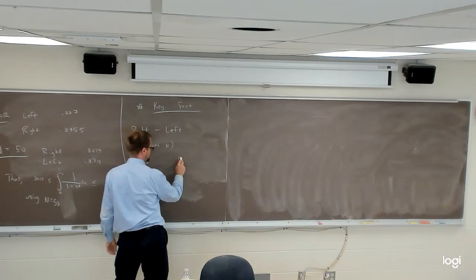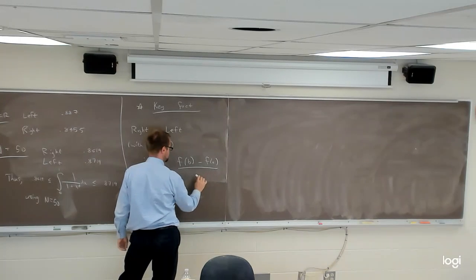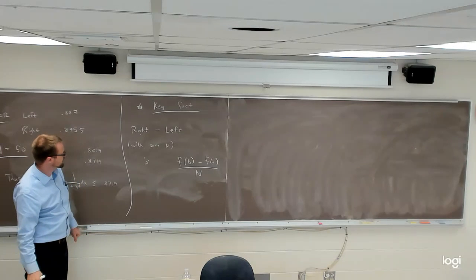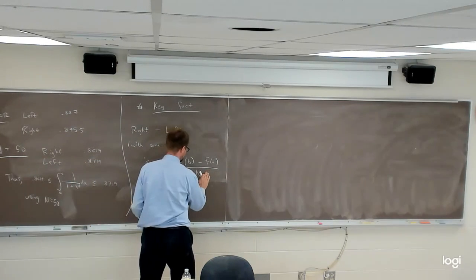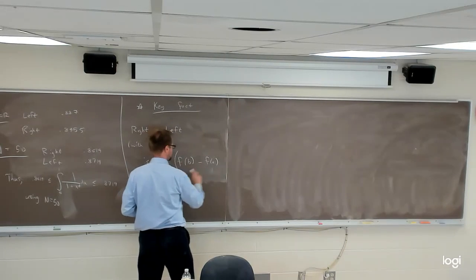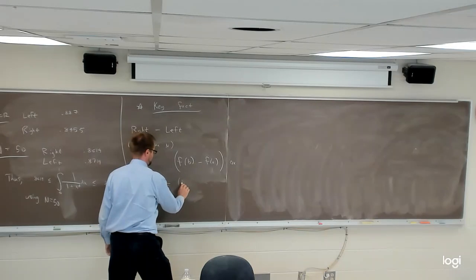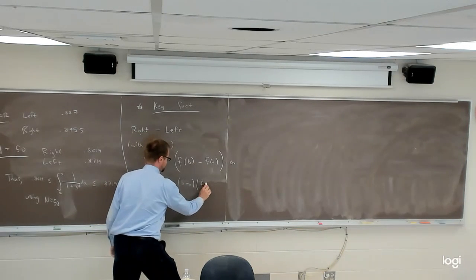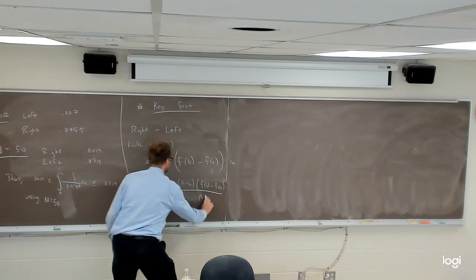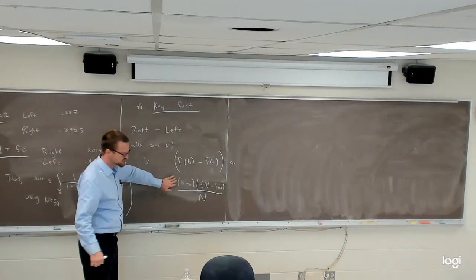In fact, it's just f of b minus f of a over n. Sorry, I should say times delta x. So f of b minus f of a times delta x, which is the same as b minus a, times f of b minus f of a, over n. In the problem we just did, b minus a was 1, but in general.